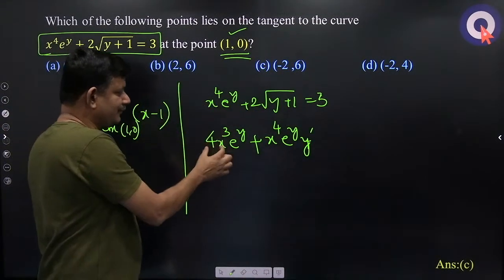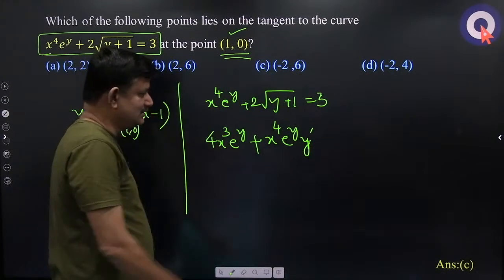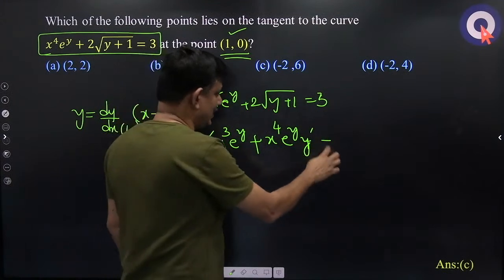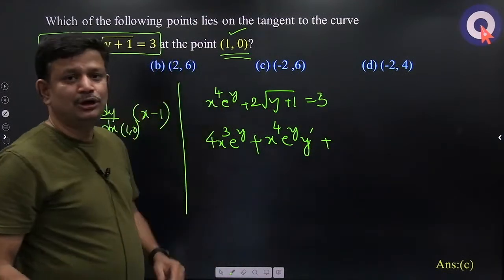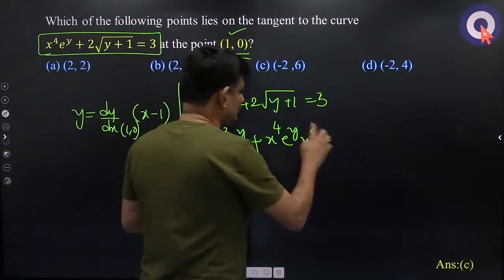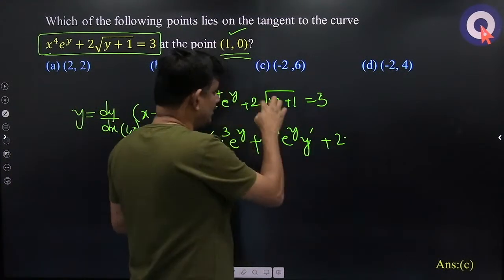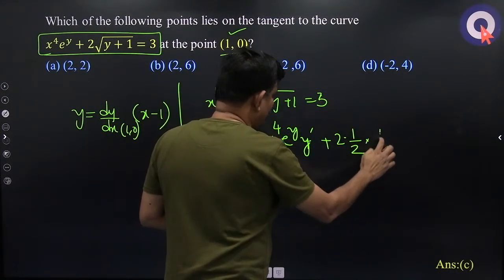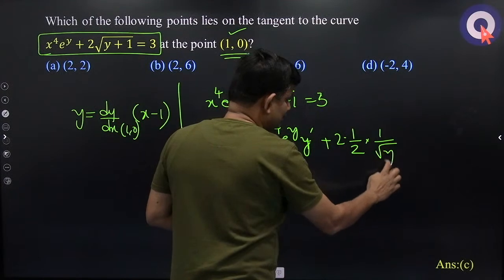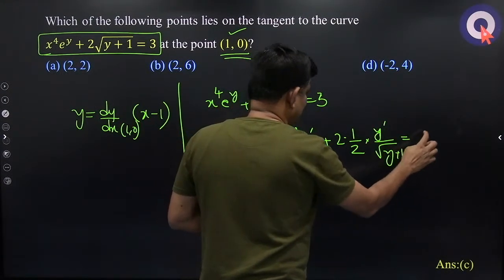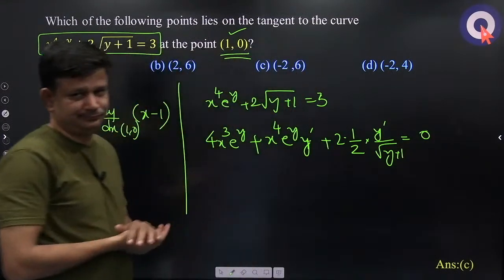Plus what is the derivative of 2 root y plus 1? It is 2 into the power 1/2 into 1 by root over y plus 1 into y dash, equal to the derivative of 3, which is 0.